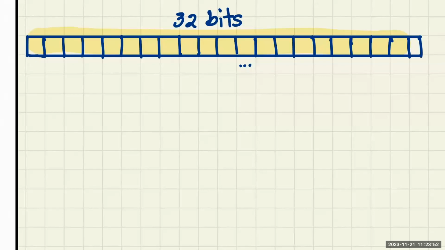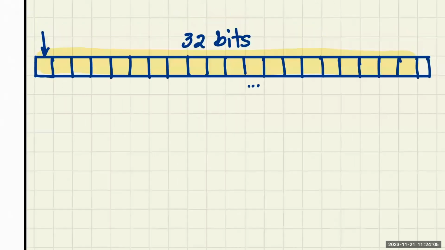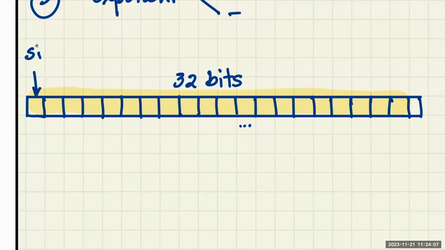So you have to let the computer know that the first bit on the left is kept for the sign of the number, positive or negative. The computer doesn't know positive or negative, so we have to assign it.